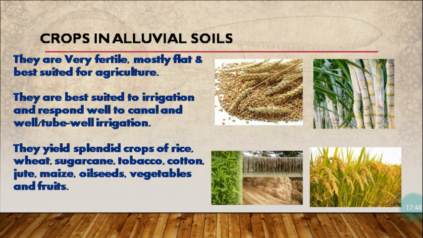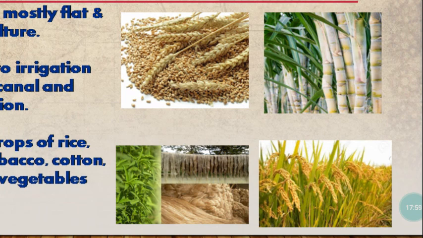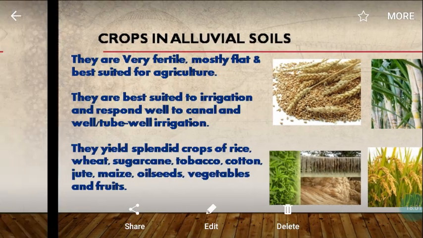That's why it is very much important for Indian agriculture as well as for the Indian economy. So you can observe which crops are grown here, except that some more crops are there.